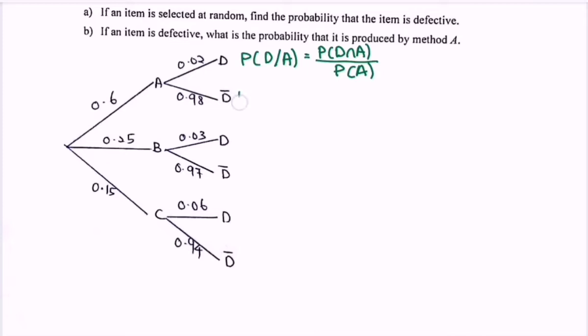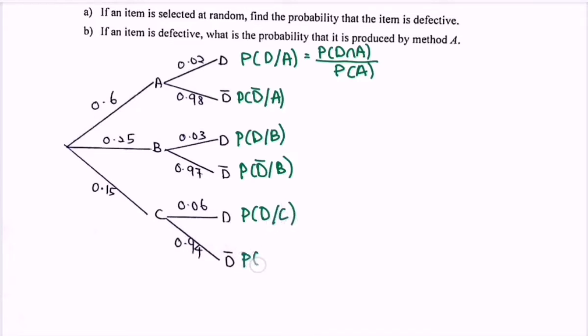Continue. We have the probability of D complement given that A has occurred. Continue. Probability of D given that B has occurred. Probability of D complement given that B has occurred. And keep on going. Probability of D given that C has occurred. Probability of D complement given that C has occurred.